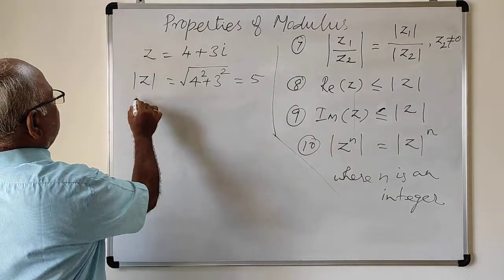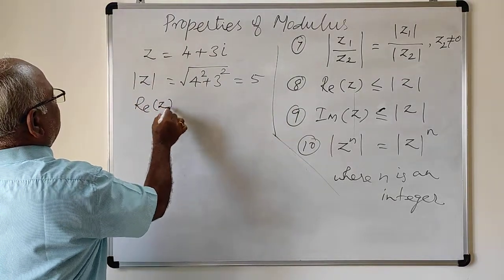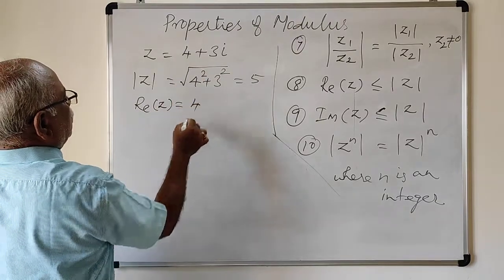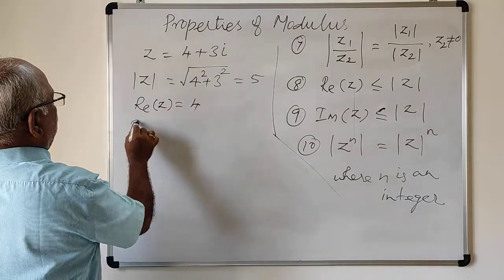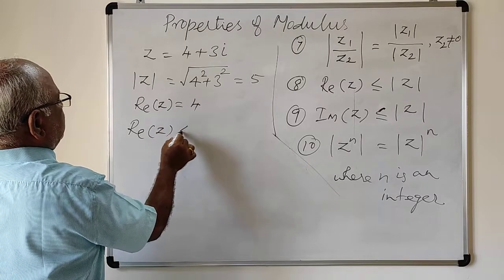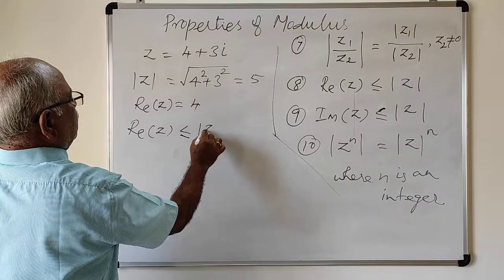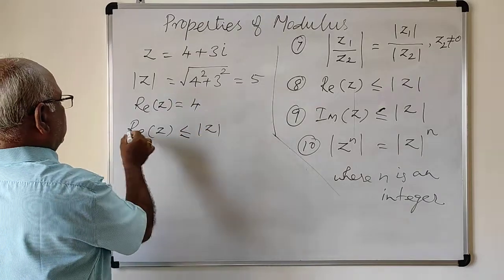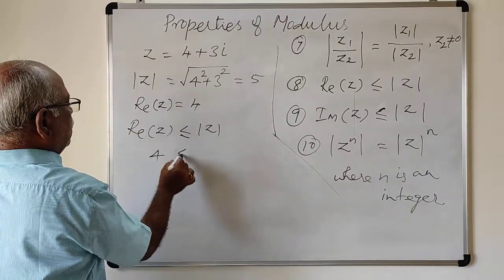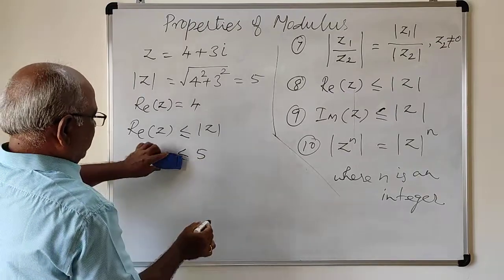So, the real part of z is 4. Mod of z is 5, therefore real part of z is less than or equal to mod of z. 4 is less than or equal to 5.